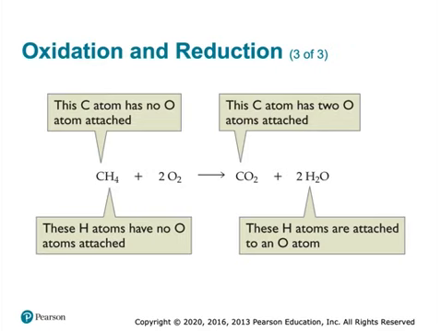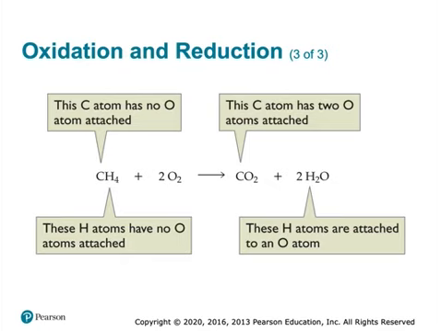So to give you an illustration, this is the burning of methane in oxygen. You can see here you're literally adding oxygen, adding two O2s. You're adding oxygen, so this is an oxidation. The methane is being oxidized, and the oxygen is being reduced.